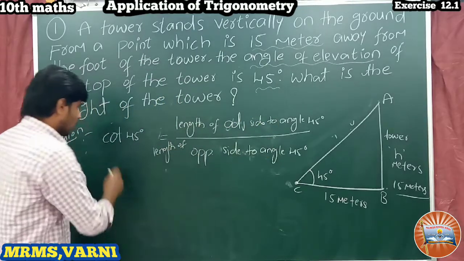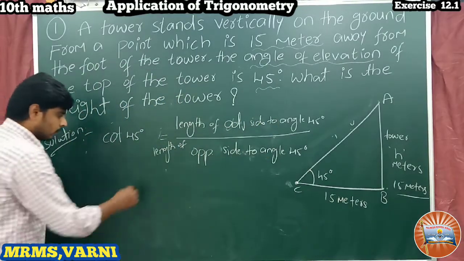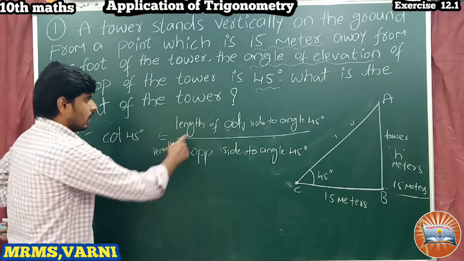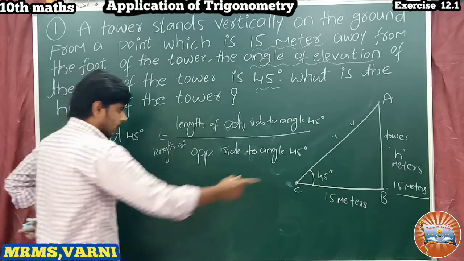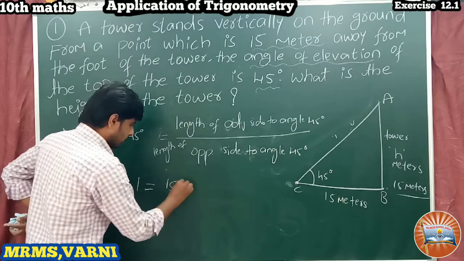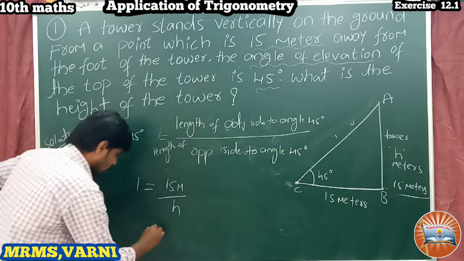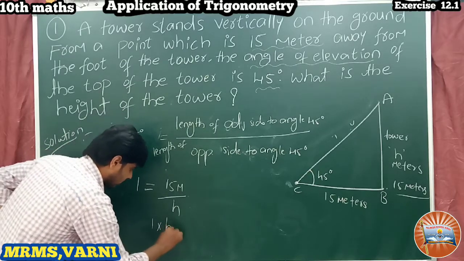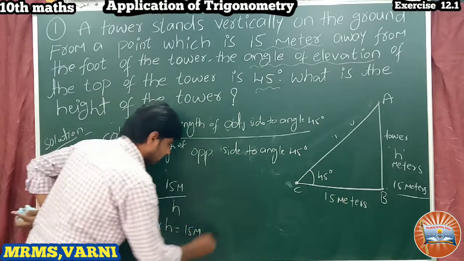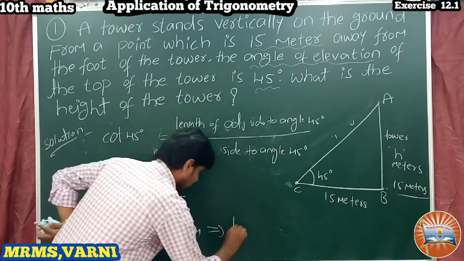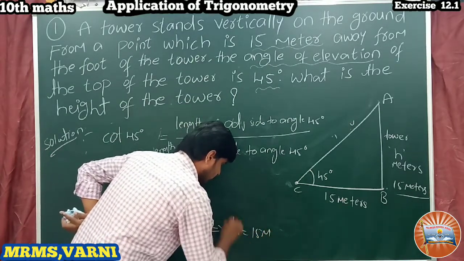Cot 45 value is also 1, so 1 is equal to 15 meters by H. Taking the cross multiplication, 1 into H is equal to 15 meters, that implies H is equal to 15 meters.